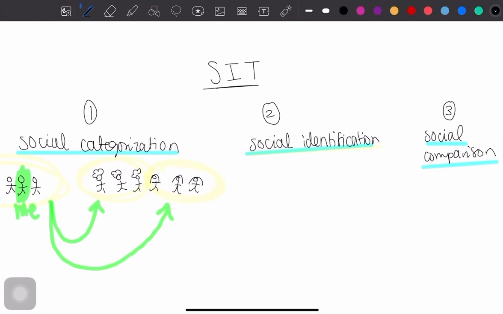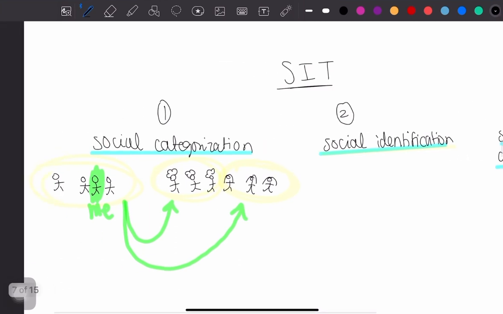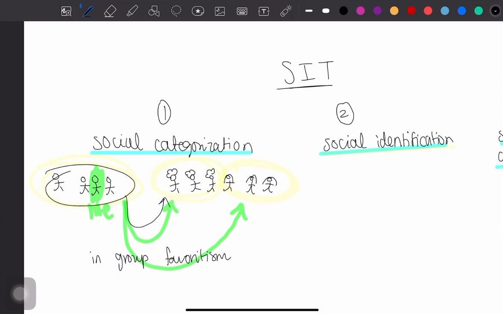And within this sub-theory, we're going to have in-group favoritism, which is self-explanatory. Basically, you favor the people that are in your group versus people that are not in your group.